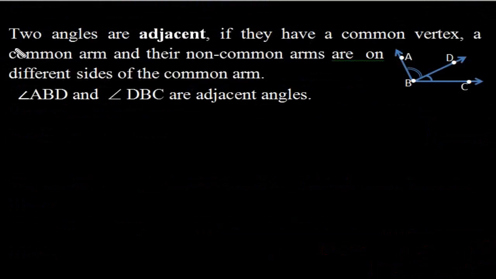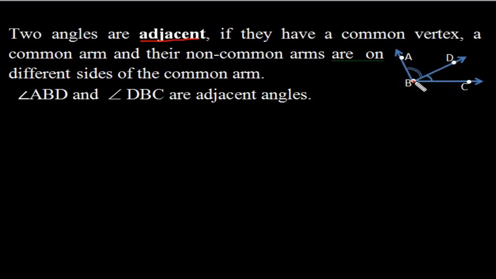Next one is, two angles are adjacent if they have a common vertex, a common arm, and their non-common arms are on different sides of the common arm. We have two angles, that is ABD and DBC.